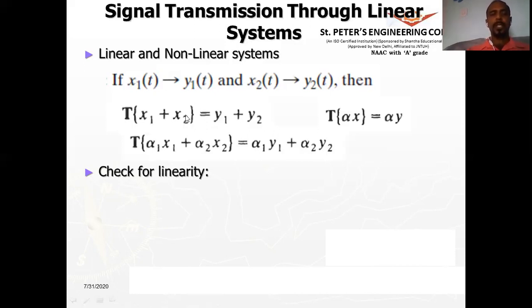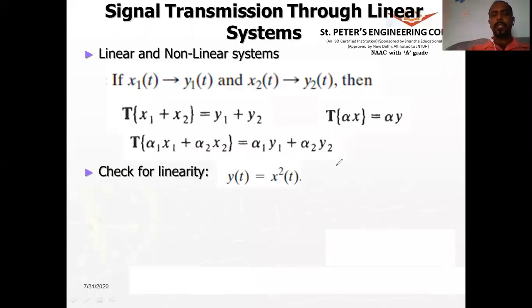Now let us take an example here. y of t is equal to x squared of t. So we should look into what operation the system has performed. Let me draw here the simple system.